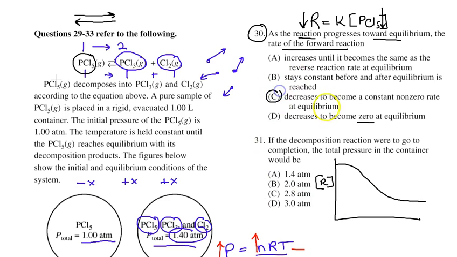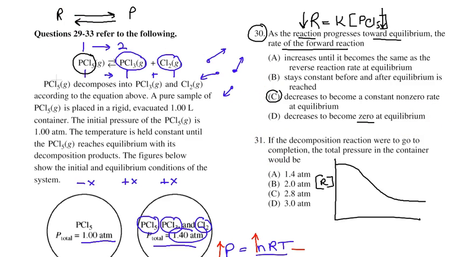It does not become zero, though, because there is still a forward and reverse going. Equilibrium is pretty boring. Looks like nothing is going on, but we do know reactants and products are changing sides, and that's why the amounts stay constant. There's something called dynamic equilibrium where they actually keep going. So it doesn't go down to zero because there's still movement back and forth. They're just going at equal rates.